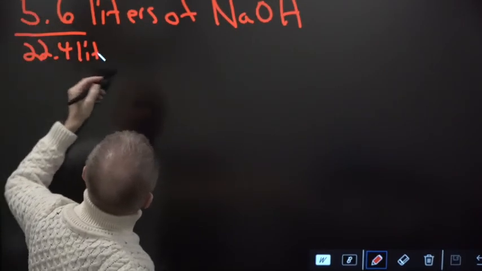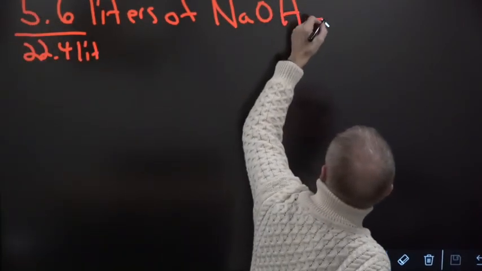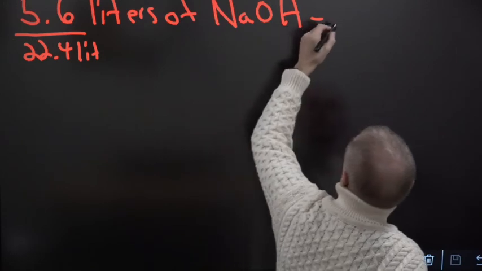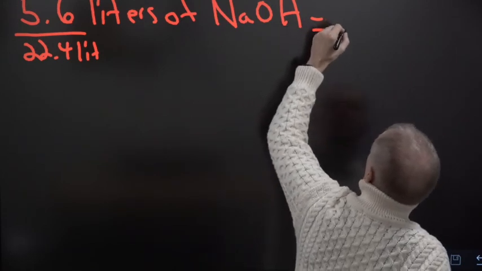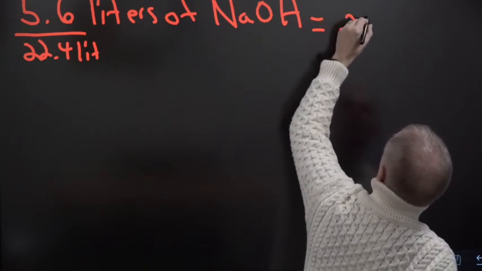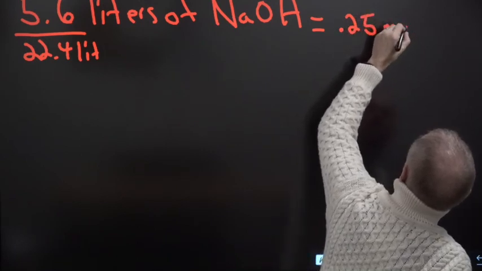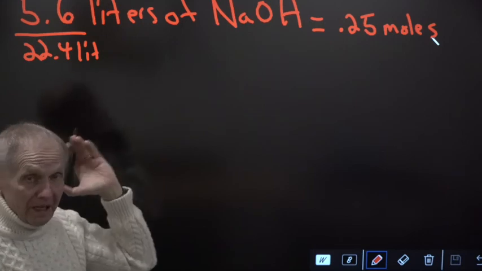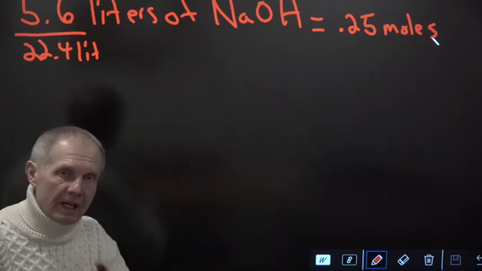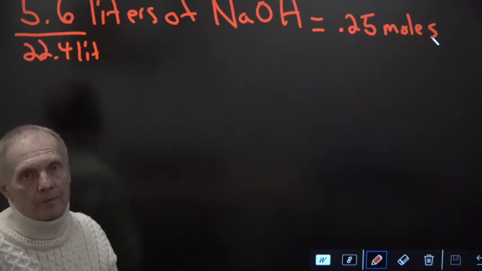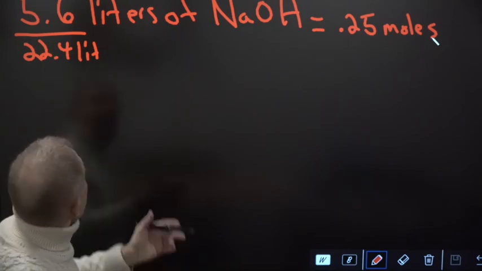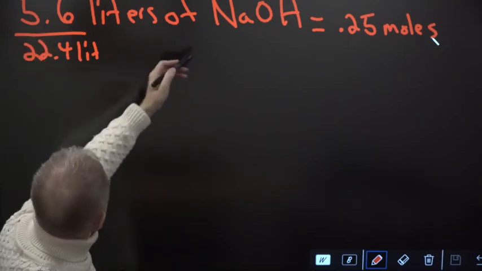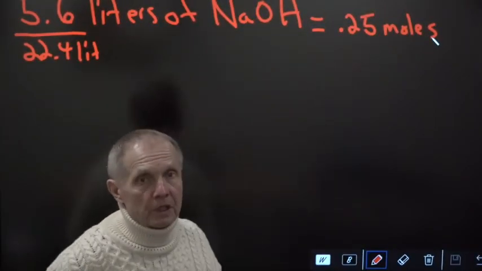And 5.6 divided by 22.4 equals 0.25 moles. So remember, if I give you liters and want to get into moles, I got to divide by 22.4. That's an easy one. So 5.6 liters of NaOH divided by 22.4 will give you 0.25 moles.